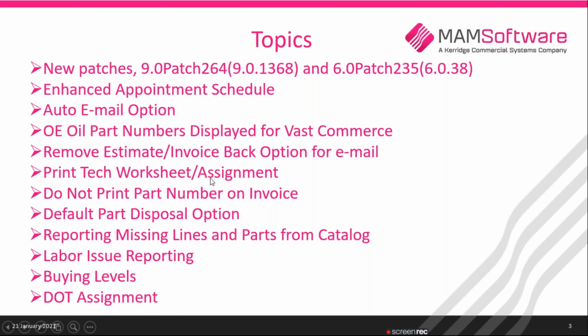We'll review technician worksheet assignments and a handful of other options, such as not printing part numbers on the final invoice, default part disposal options, and some reporting options for VAST Commerce, such as reporting missing lines or parts from a catalog or labor reporting issues. And lastly, we're going to review buying levels, which was a suggestion from one of our previous webinars.